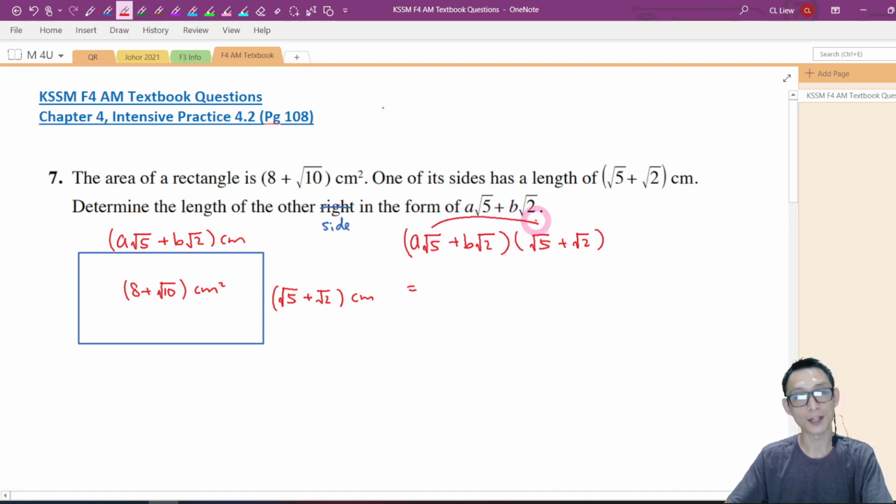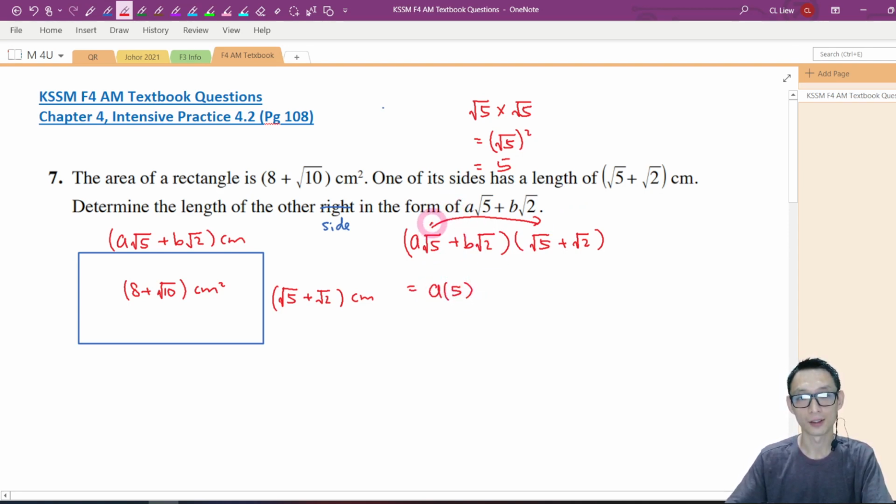We just do expansion one by one. So this times this, it will give us a times 5. Why? Because square root of 5 times square root of 5 is equal to square root of 5 squared, which is equal to 5. I hope that you understand why this times this will become a times 5.